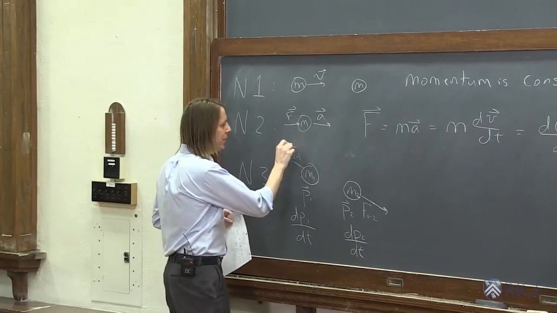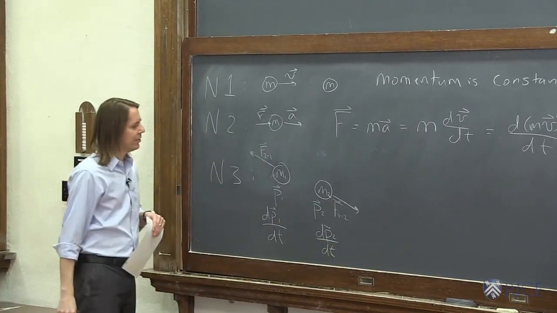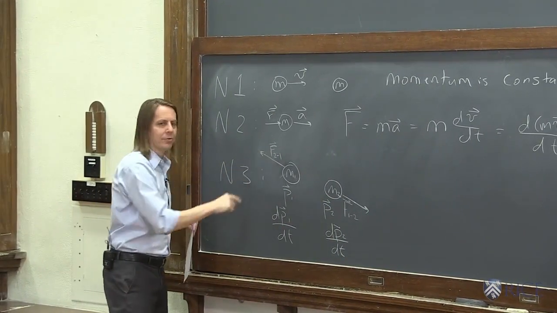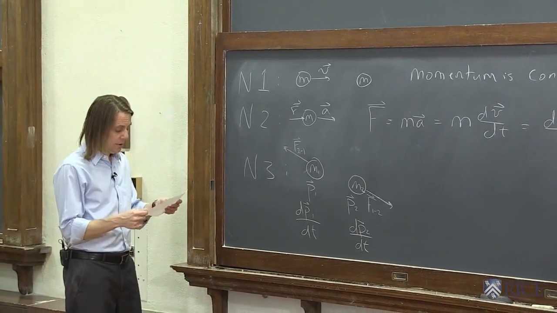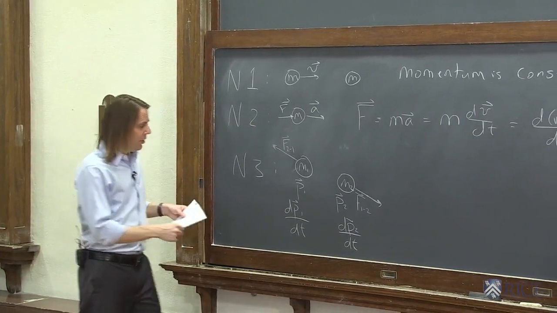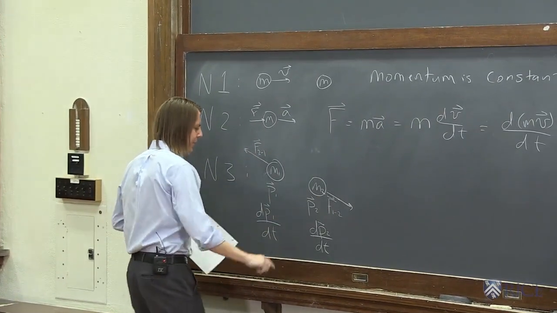These are all vector quantities: the forces are vectors, the momentum is a vector, and the rate of change of momentum is a vector. The change of momentum here is equal to this force, and the change of momentum there is equal to that force. So if we add these two vectors, they have to sum to 0.